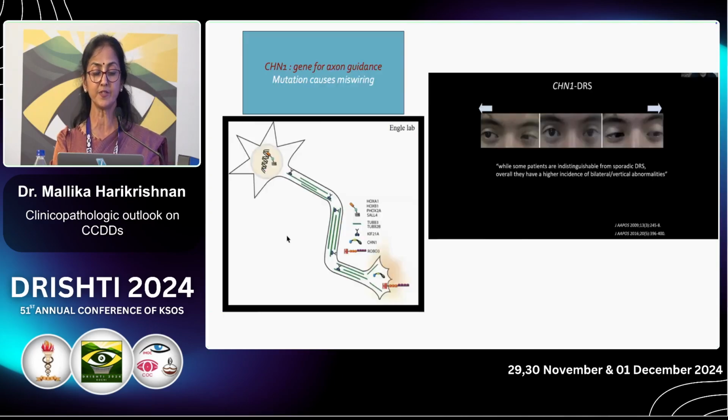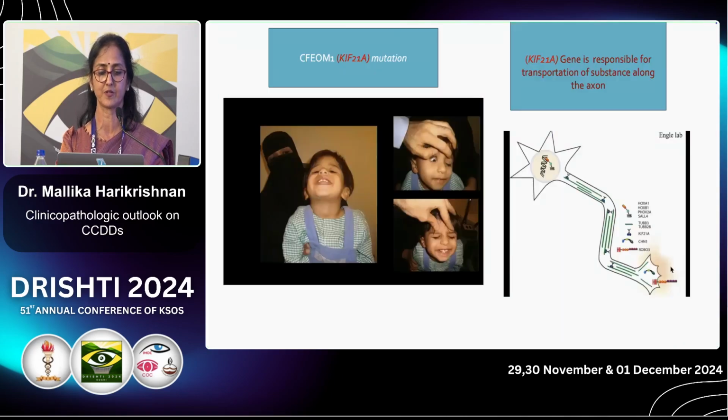In CHN1 DRS, most patients are indistinguishable from sporadic DRS. Overall, they can have a higher incidence of bilateral or vertical abnormalities. This is CFEOM1 due to KIF21A mutation. KIF21A is the gene responsible for transportation of substances along the axon. You can see the axon and the KIF21A.